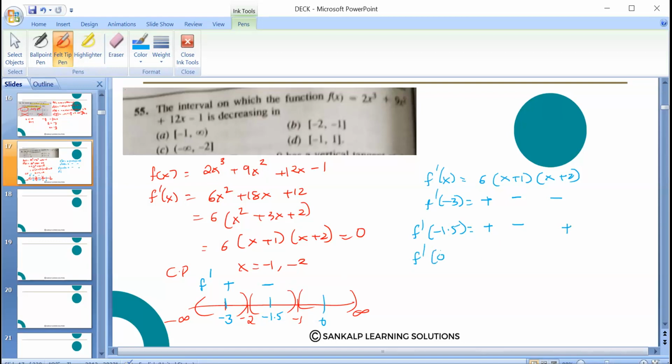Then put 0. 6 is positive, 0 plus 1 positive, 0 plus 2 positive. F dash is positive. That means f is increasing, decreasing, increasing. But you have to find decreasing in the interval minus 2 to minus 1. That is option B.